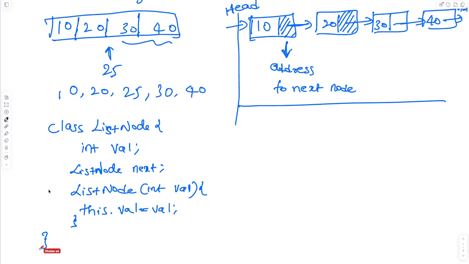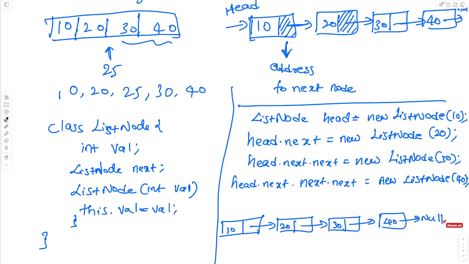Okay, so let's see some example of how a linked list works. In this particular code, we are initializing head to store the value 10. So this is the head. Head dot next will have 20, and then next to next is 30, then 40.